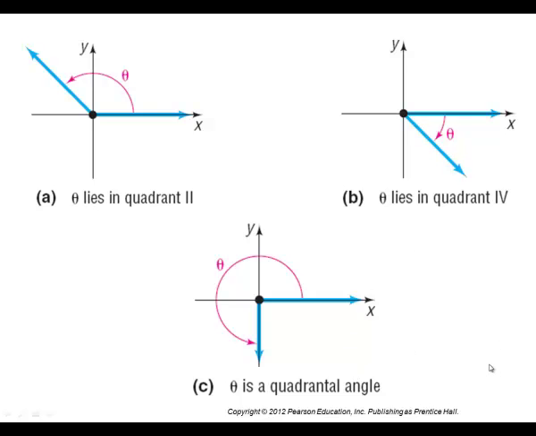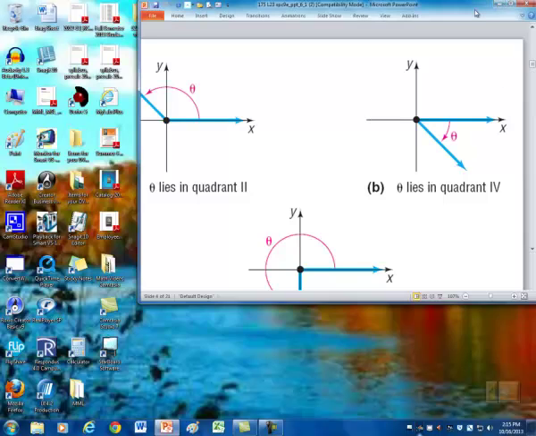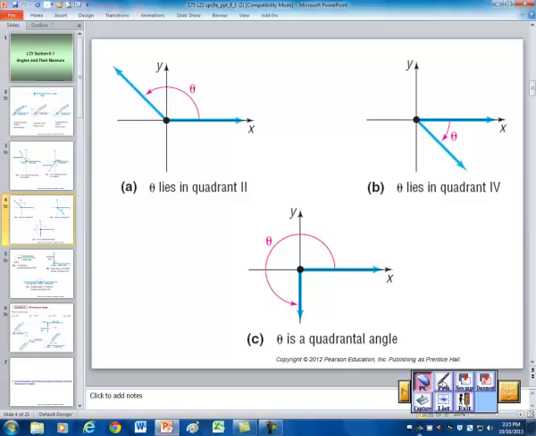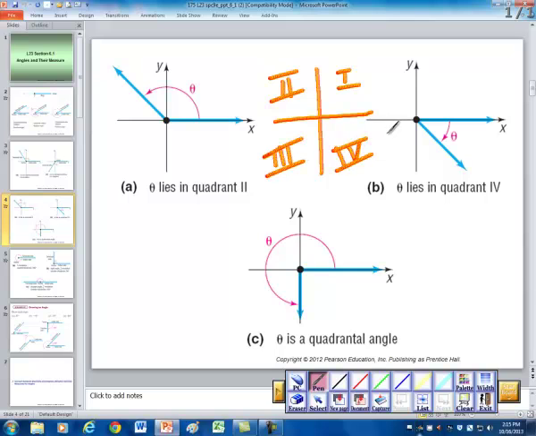So if we look at the quadrants on our unit circle, we have quadrant 1, quadrant 2, quadrant 3, and quadrant 4.